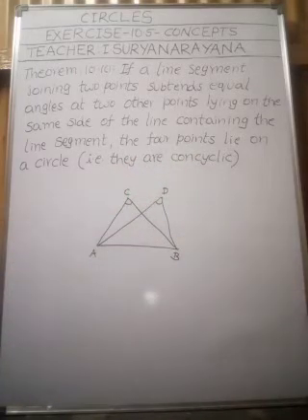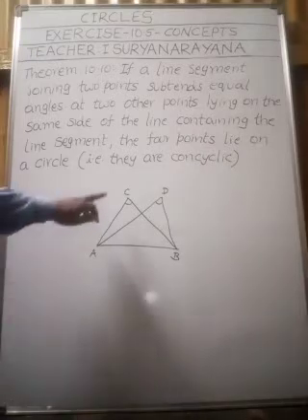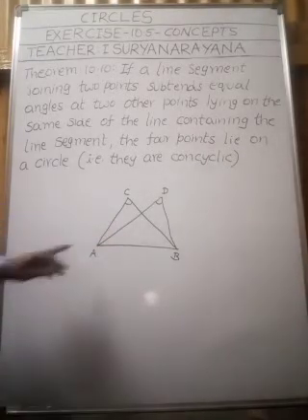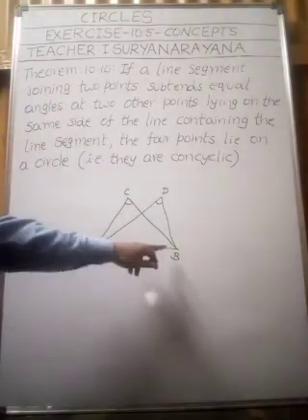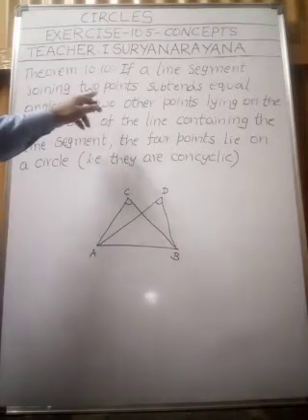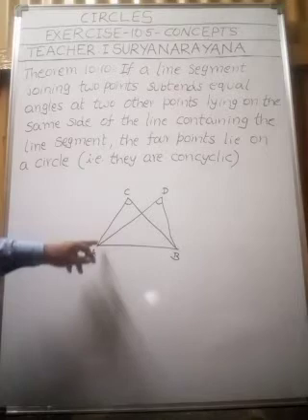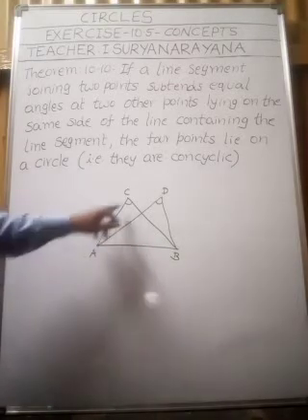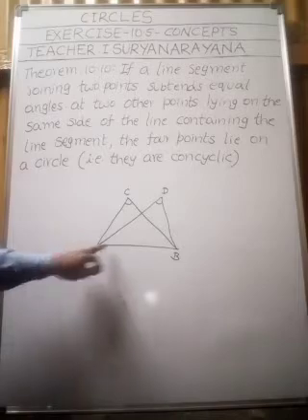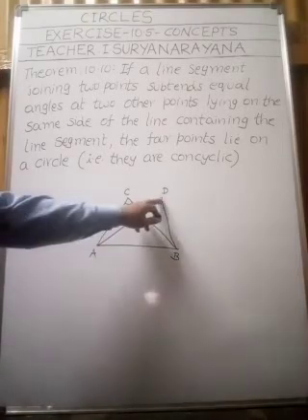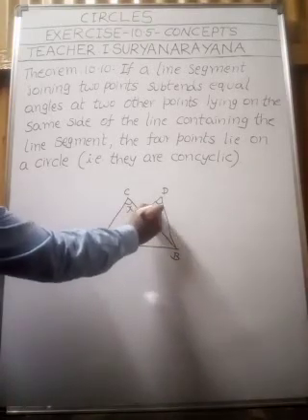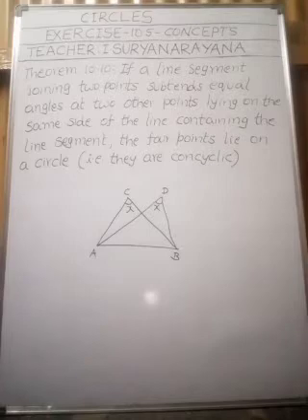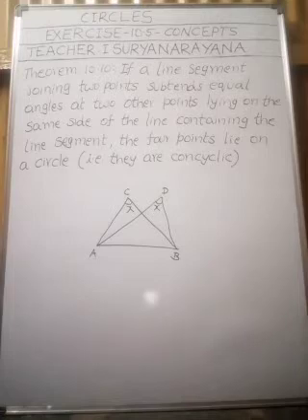Okay, my dear children. To understand this point well, let us take a rough diagram. Suppose A and B are 2 points, and this is the line segment joining them. This line segment subtends an angle at point C, and the same line segment subtends an angle at D. Previously we have discussed the angle subtended by a line segment at a point.